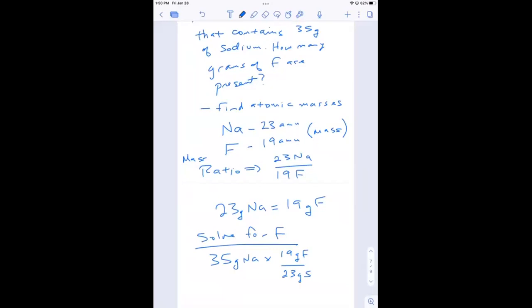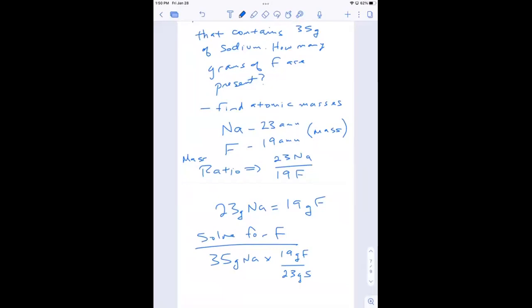Because that's what that ratio is. It's a conversion factor. It allows me to interconvert between the atoms that make up any compound. As long as I know their atomic masses, that proportion is going to be the same no matter what by mass, right? So anytime I have sodium fluoride, the proportion of sodium to fluorine is always going to be 23 to 19. And whatever mass I have, I can figure out the other mass.